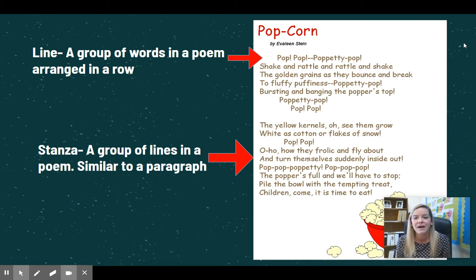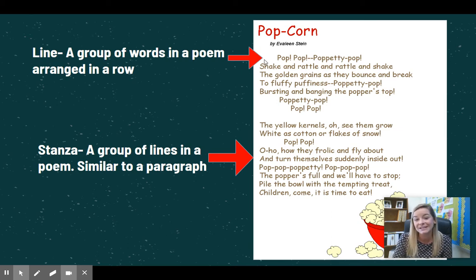We know that in regular writing, we have sentences, we have paragraphs, but in poetry, we have different terms for those things. So we first want to review a line. In poetry, a line is going to be a group of words that is arranged in a row. So it will not always be a complete sentence.